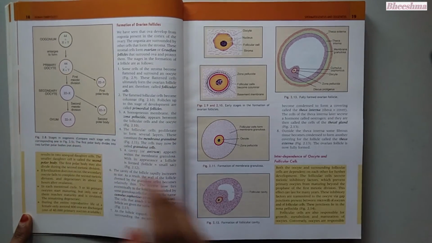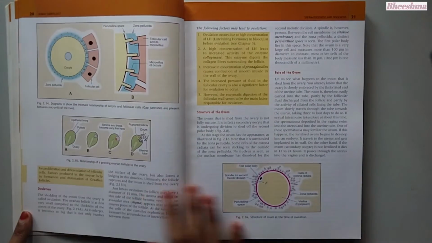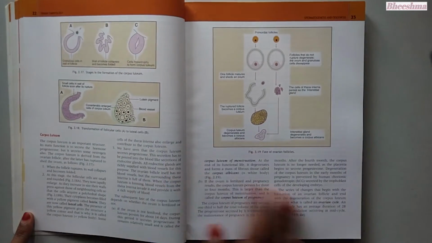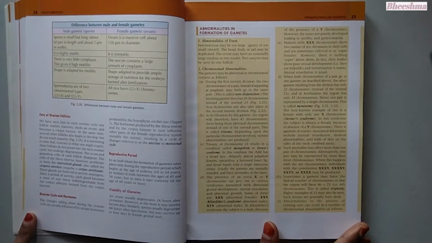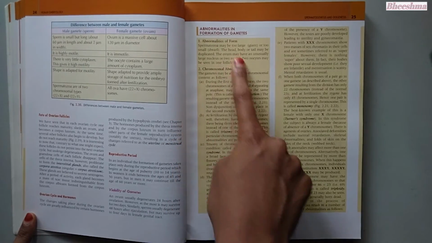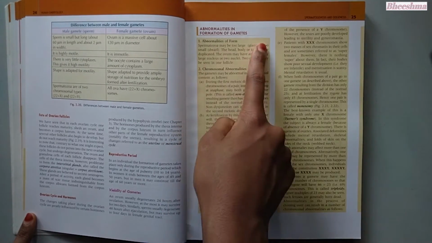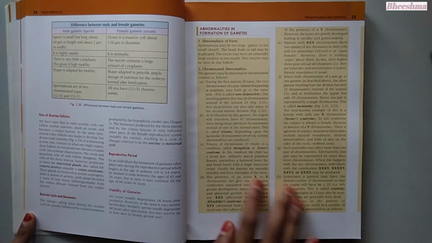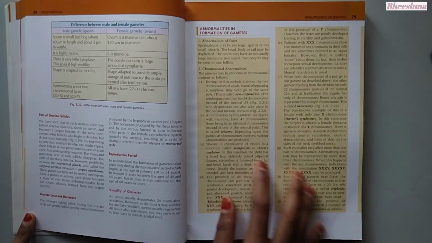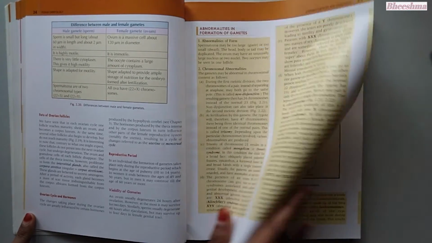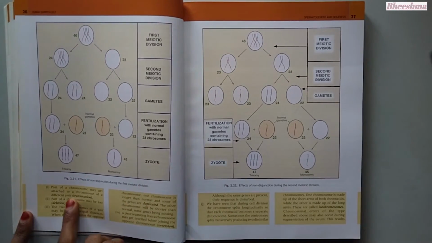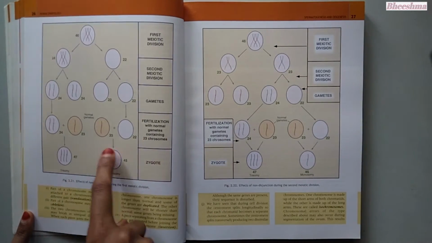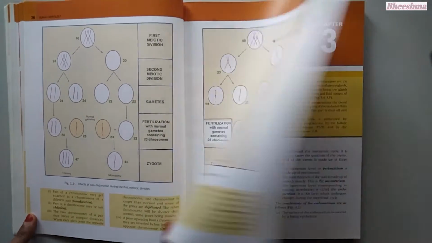Then stages in oogenesis. Then here the abnormalities in formation of gametes, like anomalies of form, then chromosomal abnormalities like trisomy, Turner syndrome, Klinefelter syndrome, all those things. Then effects of non-disjunction during first mitotic division.